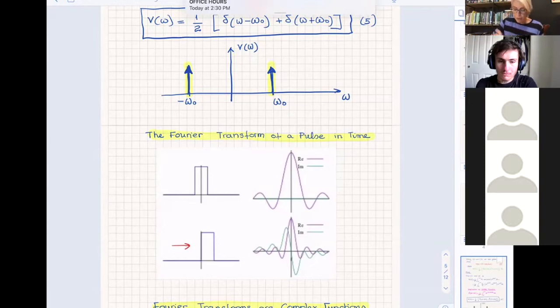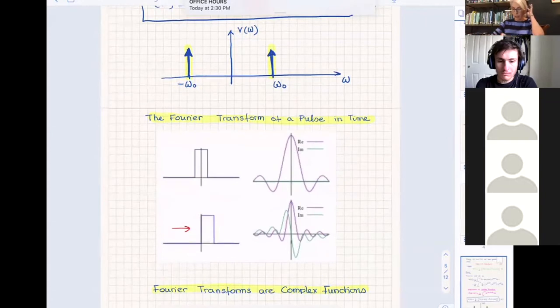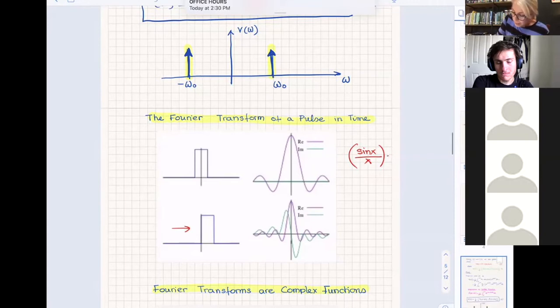The interesting thing in this particular case is that mathematically, if your pulse is centered around t equals 0, then the real and imaginary parts of your Fourier transform are the same, and they are called the sinc function. The sinc function is sine x over x. And the sinc function is defined at x equals 0 and has a magnitude of 1, it is 1 when x goes to 0.